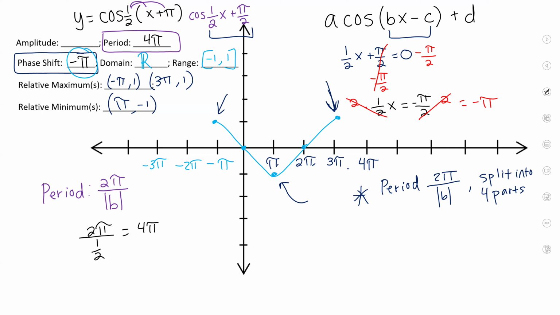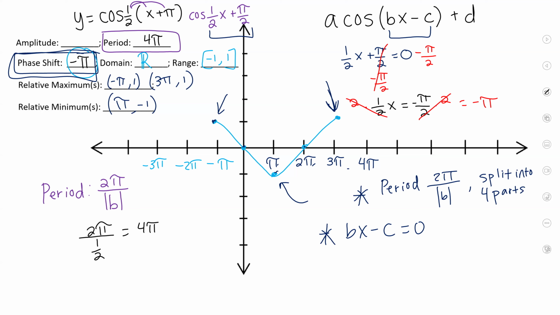And do the same on the other side, going negative, okay? And then you need to find your phase shift. So to find the phase shift, you do bx minus c equal to 0 and solve it. That's how you know how far left or right to go. Since it was negative pi, you go to the left pi. Okay? And then you draw your 5 points. 1, 2, 3, 4, 5. That's what a cosine graph looks like.